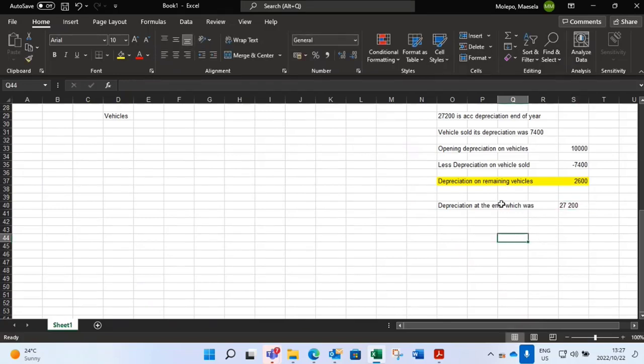Now we less depreciation at the end, which was 27,200. Then depreciation on the remaining vehicle is 2.6.